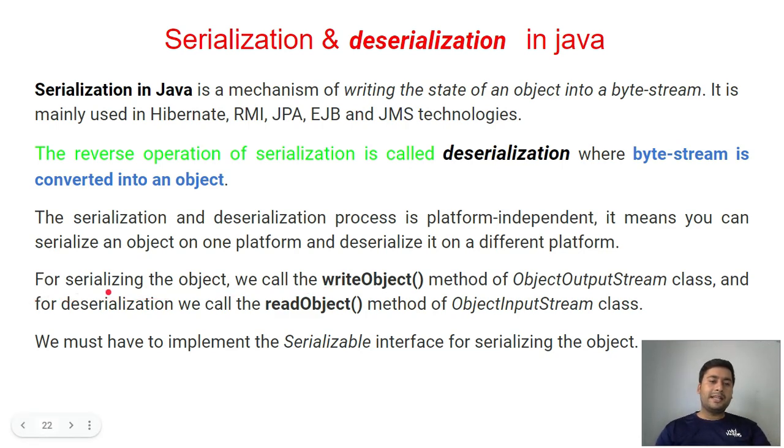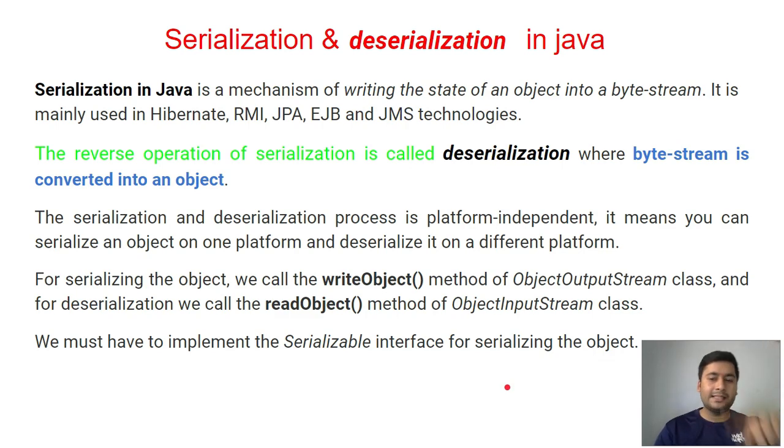For serializing the object, we call the writeObject method of the ObjectOutputStream class, and for deserialization we call the readObject method of the ObjectInputStream class. We must implement the Serializable interface for serializing an object.